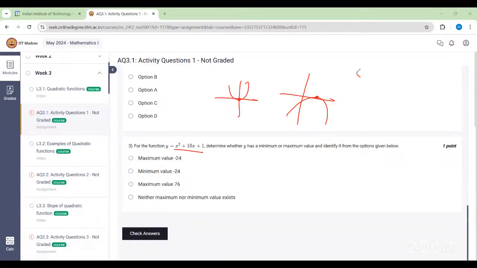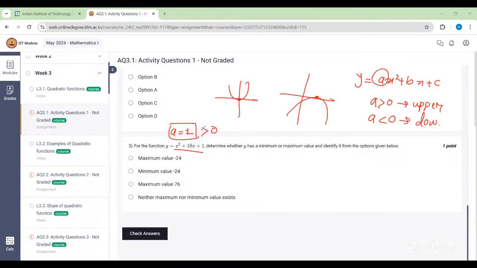We know that if a parabola is given by the expression ax square plus bx plus c, and the value of a is strictly greater than 0, then it's an upward parabola. If the value of a is strictly less than 0, then it's a downward parabola, right? So here, what is the value of a? Here a is 1, which is strictly greater than 0, so it's an upward parabola. For an upward parabola, it is possible to have a minimum value at its vertex.